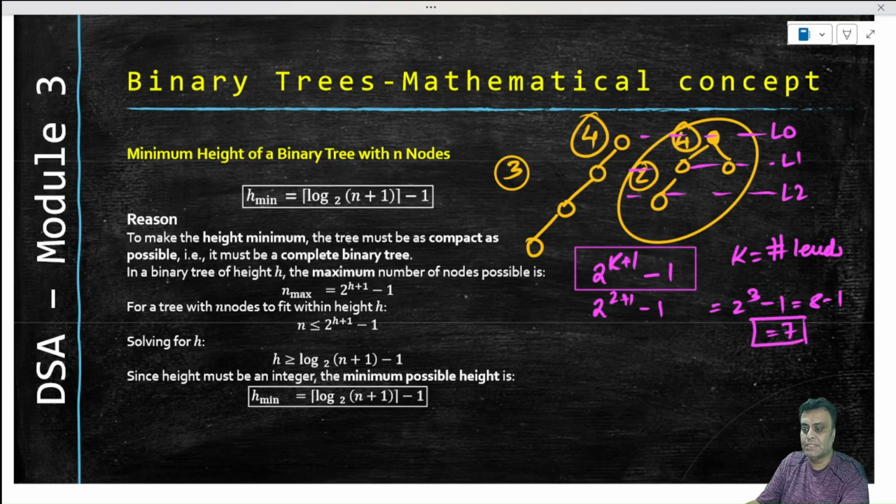So the total maximum number of nodes possible in a situation where there are levels L0, L1, L2, because we are using zero based indexing, is 7.